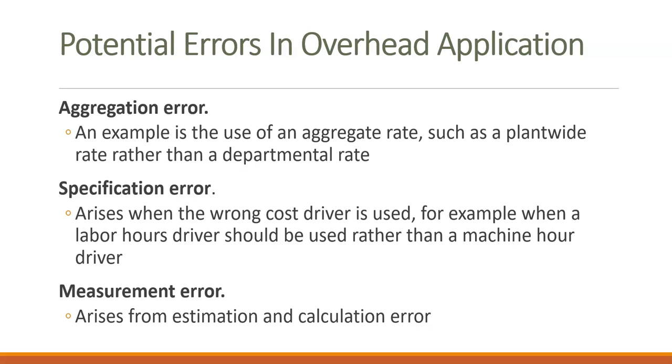The specification error occurs when the wrong cost driver is used, where machine hours would have been a better driver than labor hours or vice versa. And our measurement error arises when we have estimation and calculation errors. So we've made a mistake in our math somewhere, or we made a bad estimate.